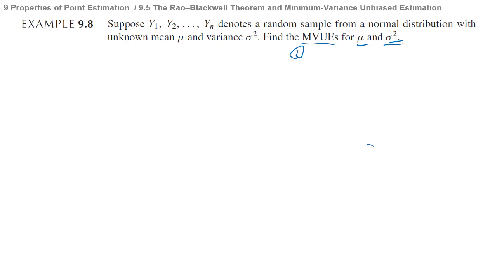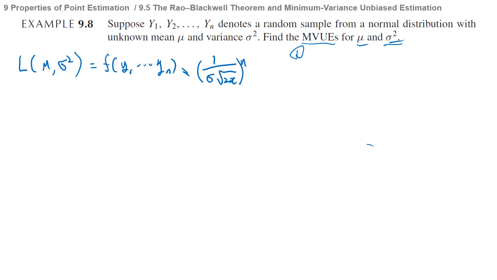So to do that, the likelihood of mu and sigma square is the joint distribution of y1 to yn, and this is actually (1 over sigma square root of 2 pi) to the nth, times exponential of 1 over minus 2 sigma square, sum of i equals 1 to n of (yi minus mu) square.